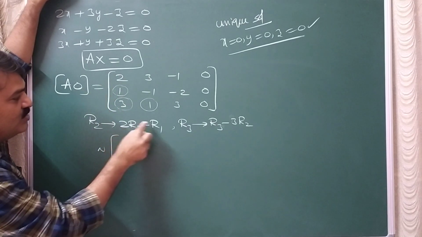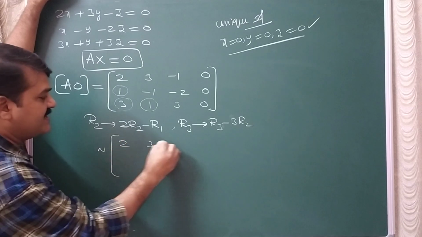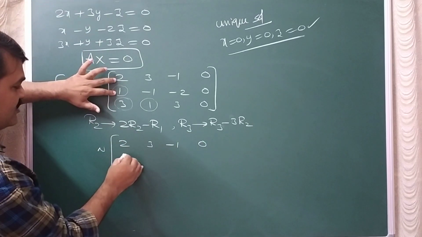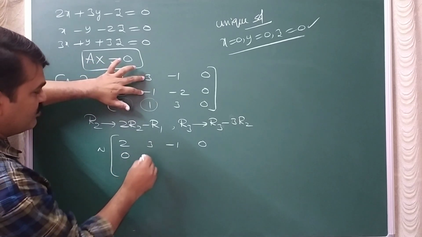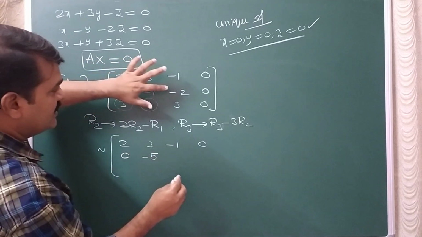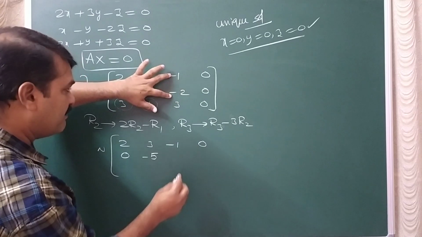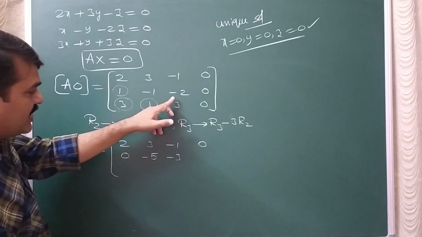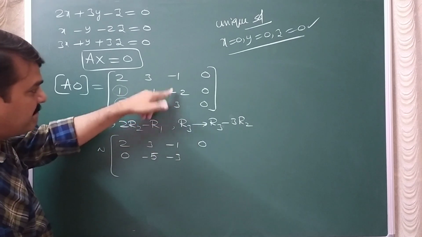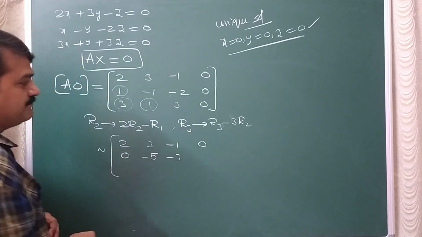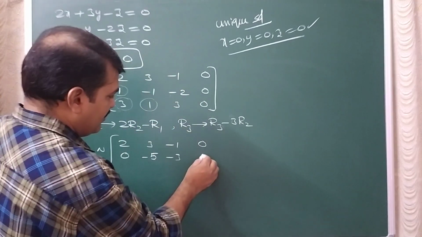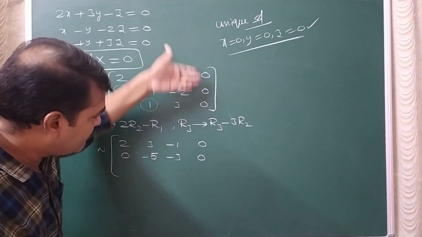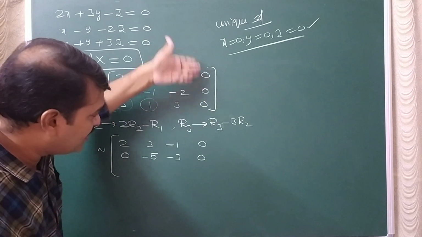Okay, so 2R2 minus R1. First row will be the same. 2R2 minus R1: 2 minus 2, minus 2 minus 3, minus 4 plus 1, so minus 3. The last column is anyhow going to be 0 only. By row transformations, this last column will not change.